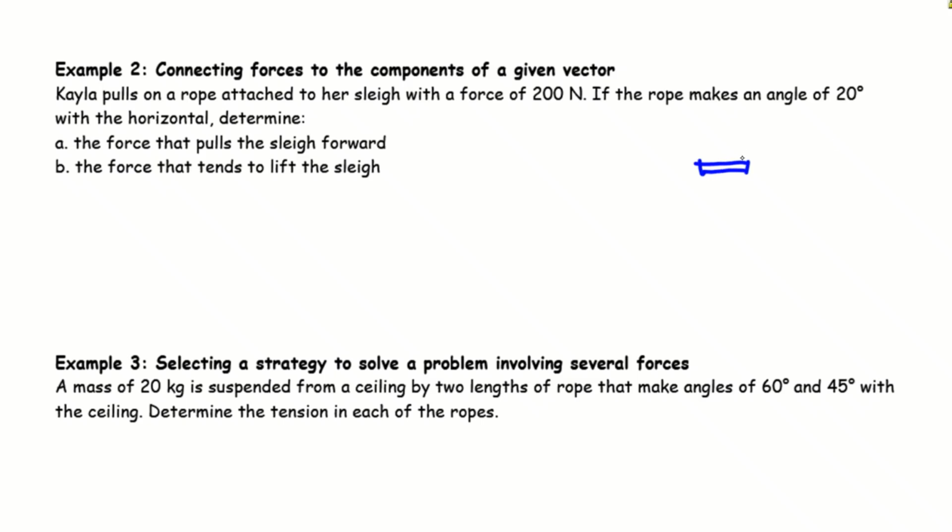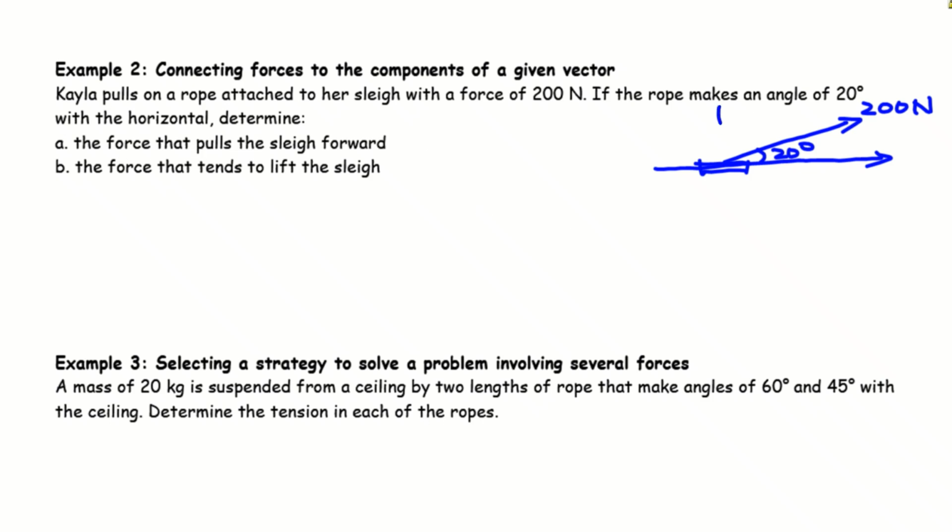The force is 200 Newton. If the rope makes an angle of 20 degrees with the horizontal, so if this is a horizontal surface, then the force is in this direction, 20 degrees. And this is 200 Newton for the magnitude. The question asks you for the force that pulls the sleigh forward.